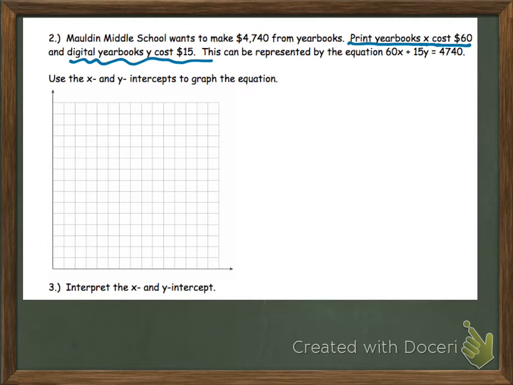So we want to use the intercepts to graph the equation. So that means we're going to try and find the x-intercept. Remember, the x-intercept is when y is equal to 0. So we're going to write the equation and plug in 0 for y.